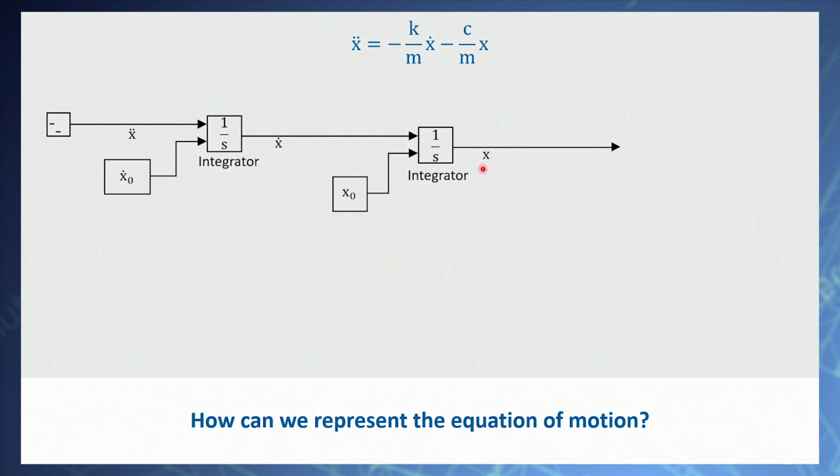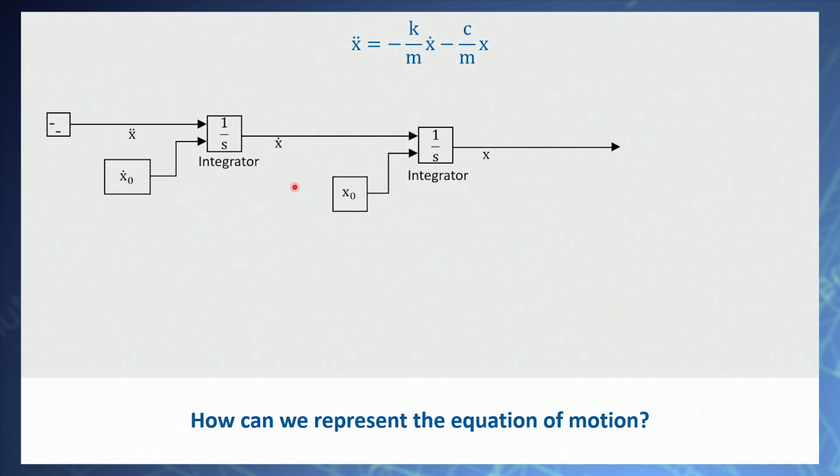So we have, so to say, the complete information about our variables x, x dot and x double dot, as you can see here. And of course all the integrators need to be fed by initial conditions, which means that the first integrator is fed by the initial condition with regards to the velocity, and the second integrator is representing the initial position of the system.